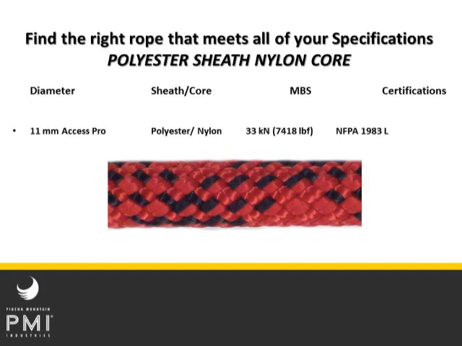And then we have the opposite, the polyester nylon. Our Access Pro is actually a polyester sheath with a nylon core, which gives a nice handling ability and some give to the rope and a little bit of forgiveness should you do an uh-oh and slip a little bit. You're not falling on a cable in effect, and you can absorb some energy if something goes wrong.